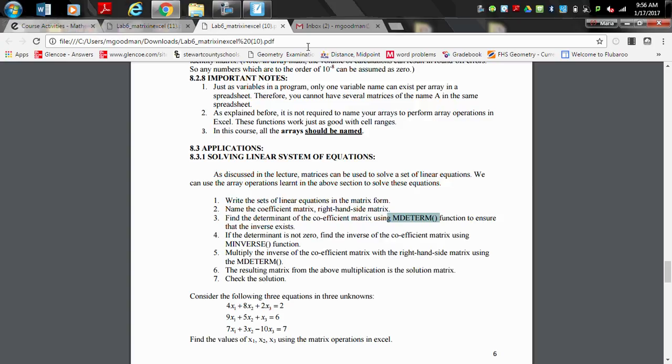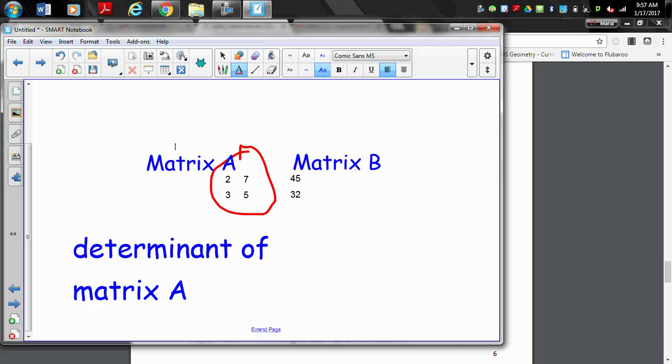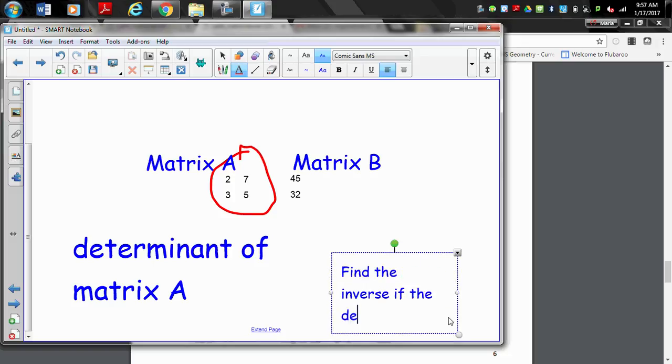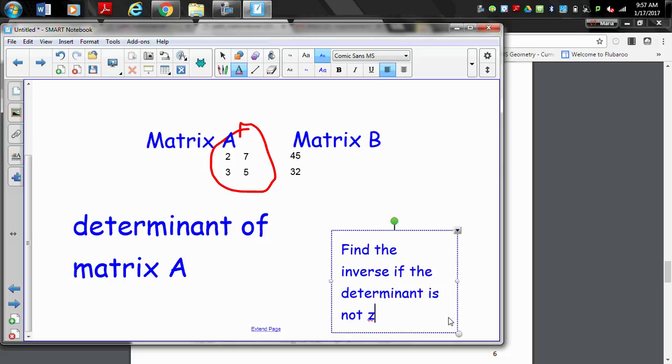So step 1, you make your matrix. Step 2, you do the determinant. Step 3, find the inverse if your determinant is not 0.